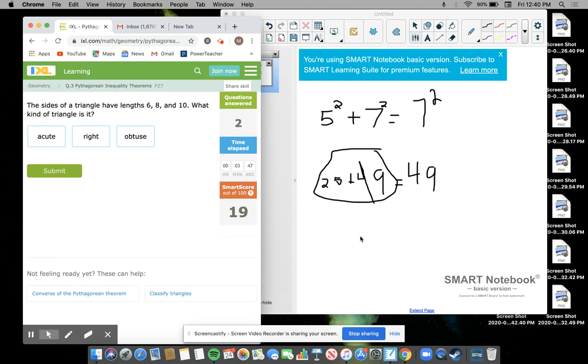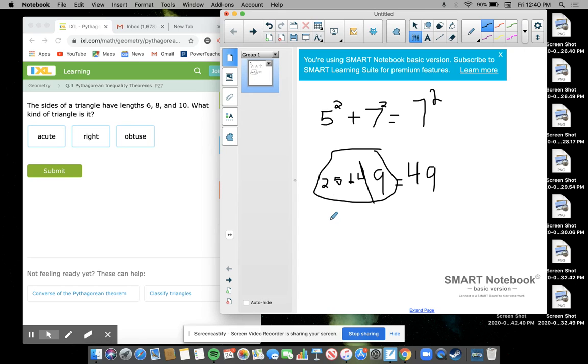Okay? All right, 6, 8, and 10. This one's a little tougher. It could be anything. This one could be a right triangle. So we go through 6 squared plus 8 squared. And again, the largest side always has to be on its own, has to be c because it could be the hypotenuse, equals 10 squared. So what I get is 36 plus 64 equals 100.